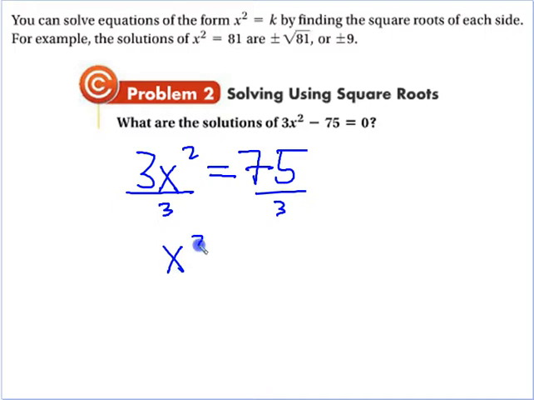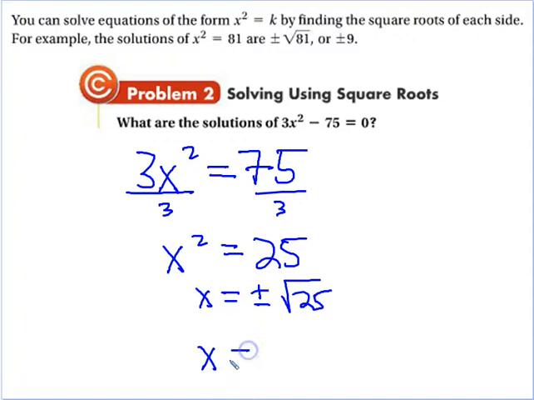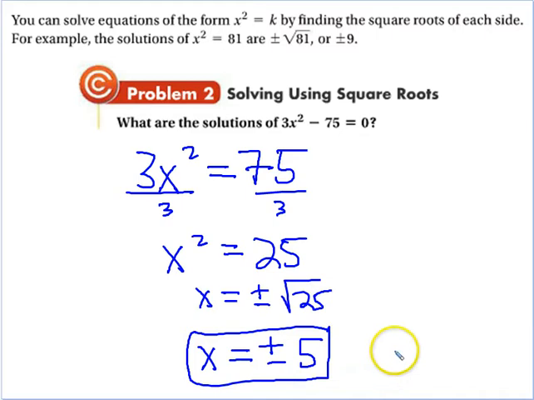We get x squared equals 25, so x is equal to the positive and negative square root of 25, so x equals positive and negative 5. That would be your solution.